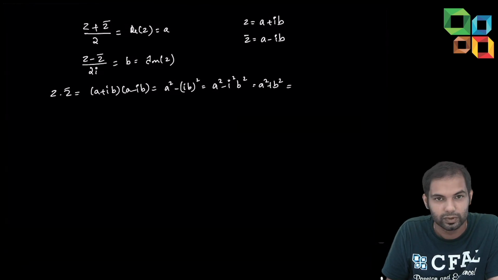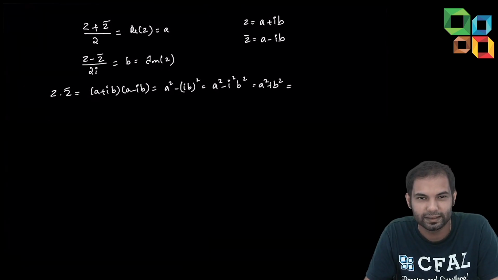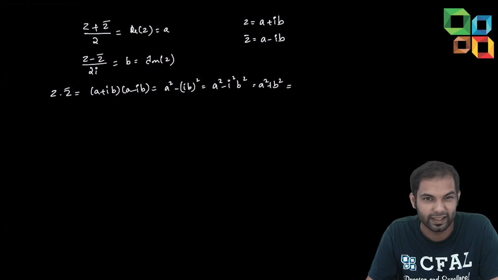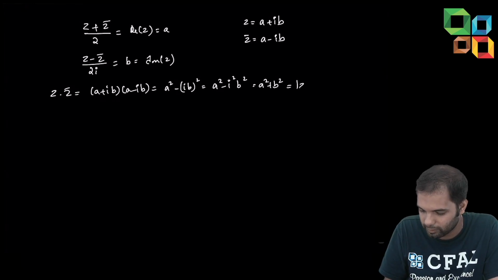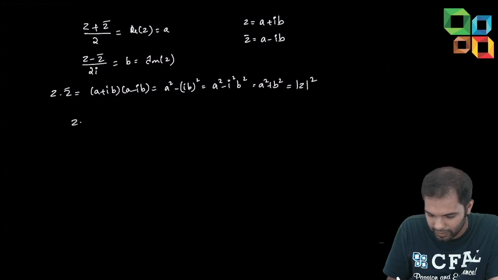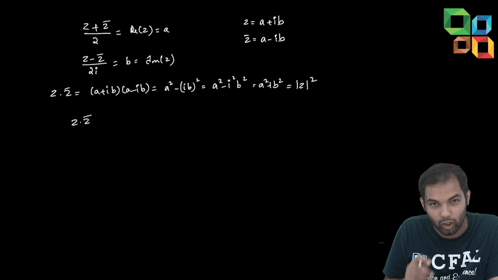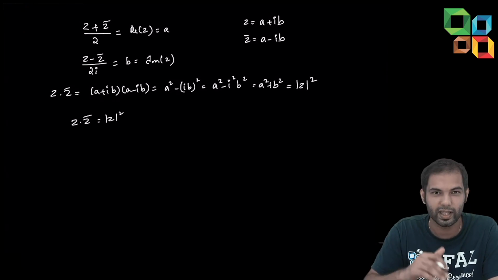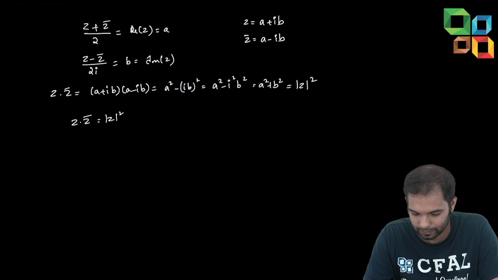Now we know the modulus or magnitude of a complex number is the root of a square plus b square. So this will be nothing but modulus z square. That means if I multiply these two complex numbers, I'm always going to get a real number, that is the square of the magnitude. This is an important property.